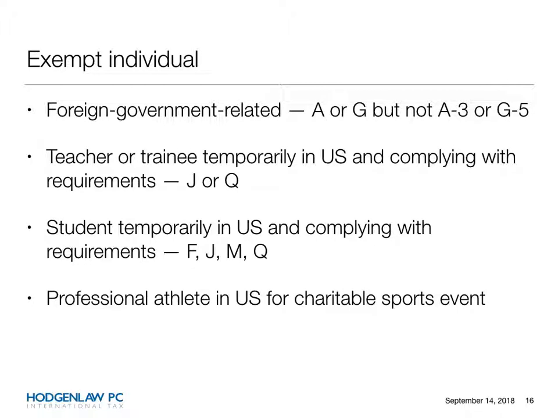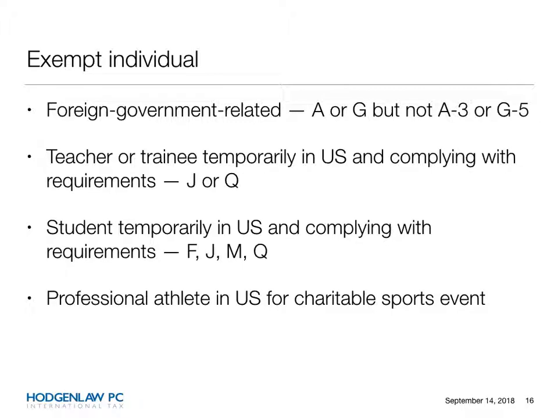Exempt individuals include the following types and their respective visas. So foreign government related A or G visas, but not the A3 or G5 visas. Teachers or trainees temporarily in the US and complying with requirements, so those with J or Q visas.